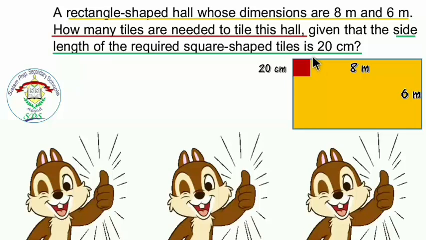The tile used is in the shape of a square. The side length of a square is 20 centimeters. The requirement is how many tiles are needed to tile this hole.